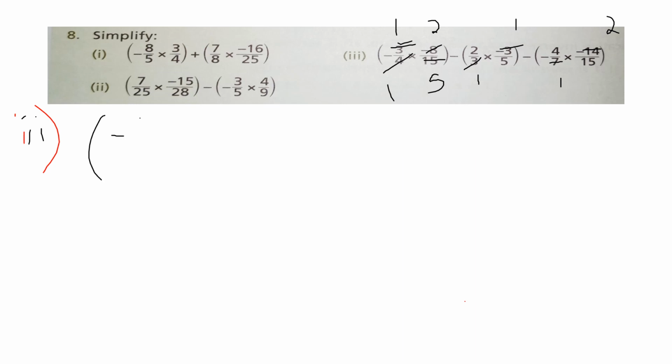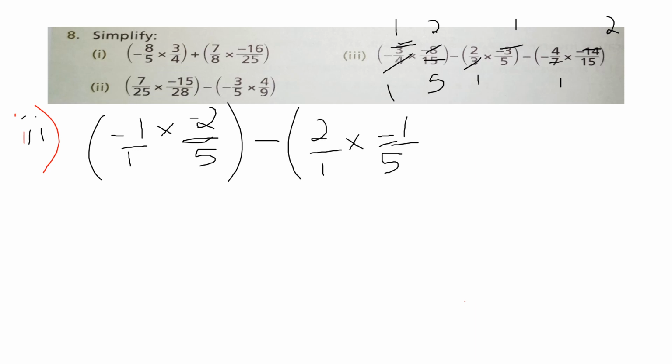So I'm going to write the remaining question here. We have got 1 by 1 multiplied by minus 2 by 5, 2 by 1 multiplied by minus 1 by 5, then minus 4 by 1 multiplied by minus 2 by 15.